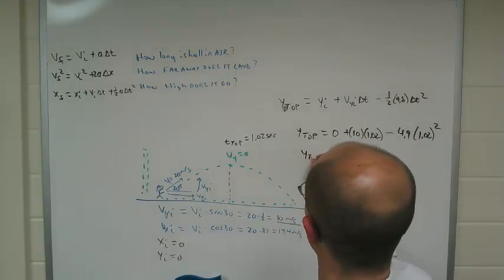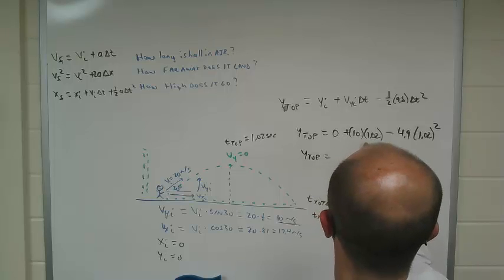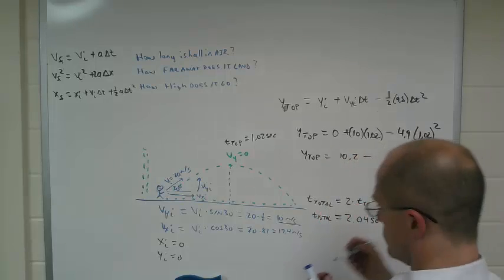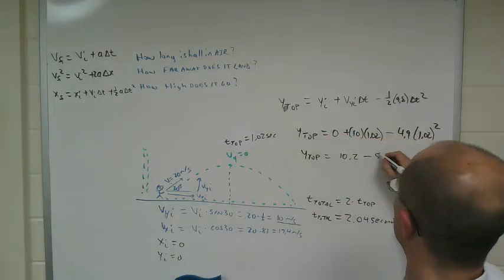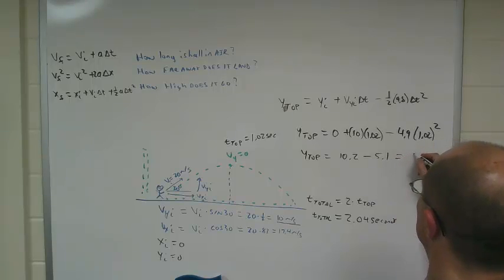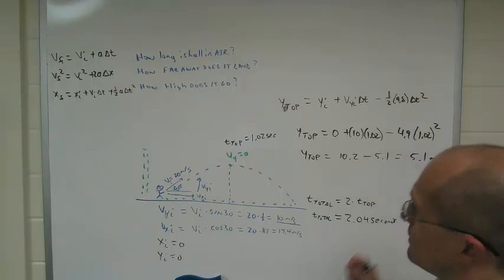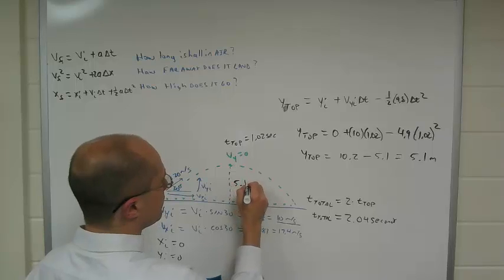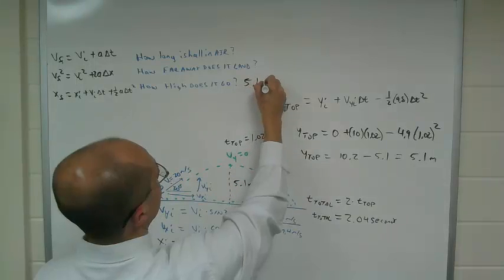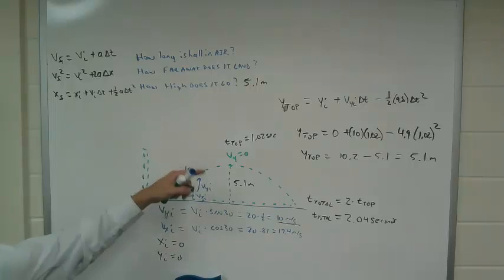So y to the top, how high up are we? 10 times that is 10.2 minus this 5.1. So our distance to the top is 5.1 meters. It's going to go up 5.1 meters, and then it's going to come back down.